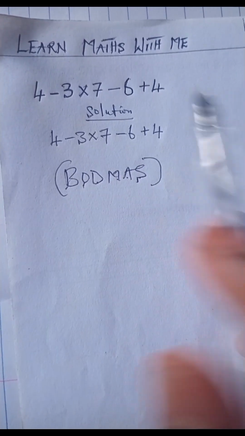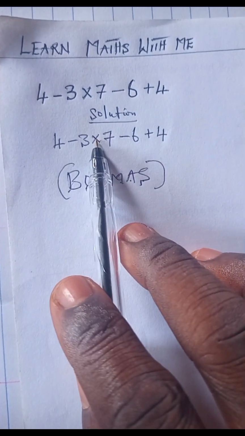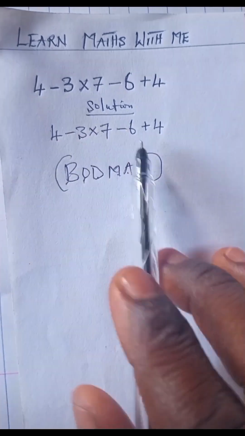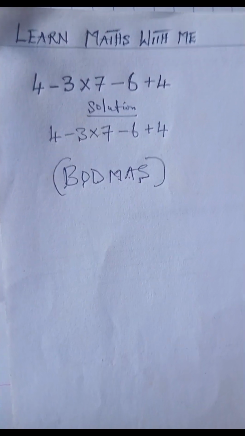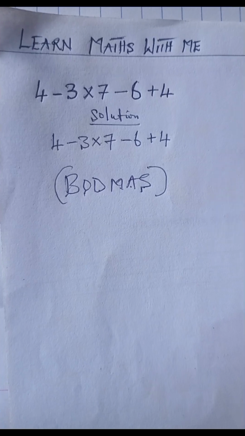So if you can see, we have subtraction here, we have subtraction here, we have addition here, and we have multiplication here. So almost all the signs are here. So we'll be applying the principles of BODMAS where necessary.